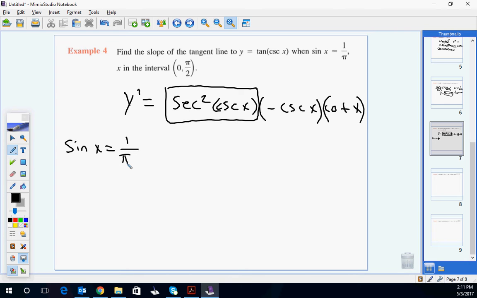Another way we can write this is if sine of x is 1 over pi, then cosecant x is pi. And now we actually have something there, because now we know what cosecant x is.